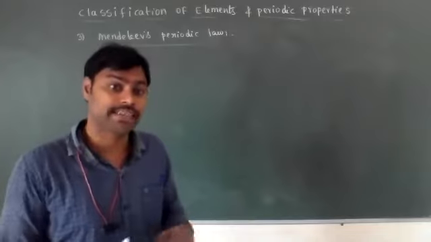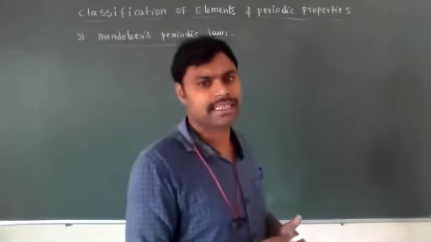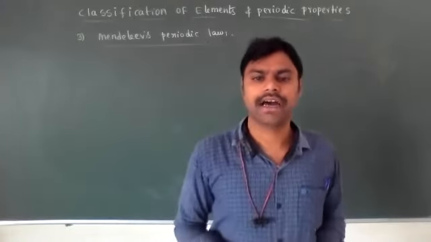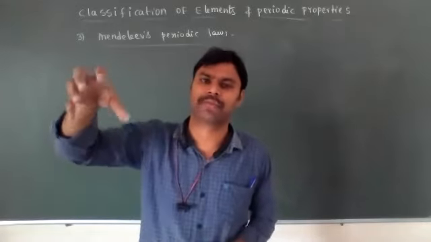Hydrogen's properties do not match with any group, but based on the electronic configuration, we simply place it in the first group. In the chapter on hydrogen and its compounds we will discuss its properties.